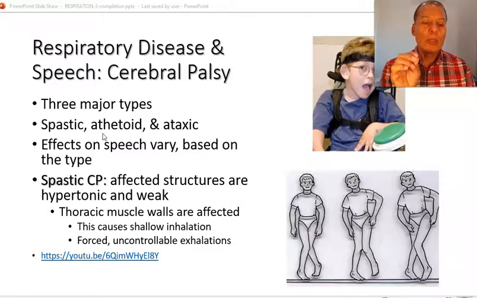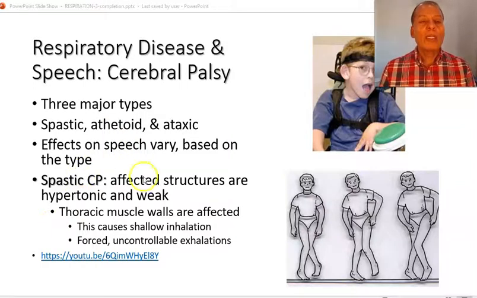And we always keep in mind that we need to individualize the treatment to focus on the patient, because every patient is different and every condition is different as well. So the effects on speech will change from case to case and from type to type.